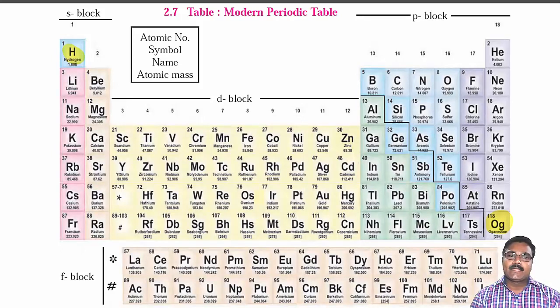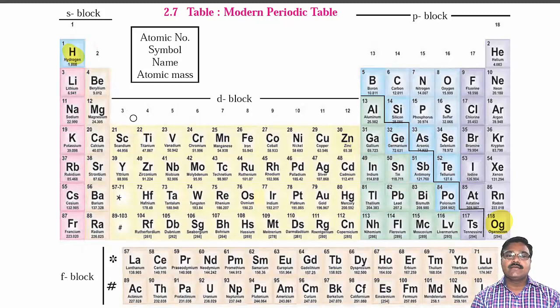Now let us study this modern periodic table. Here you will see each element has a particular place which is denoted by a square or box.